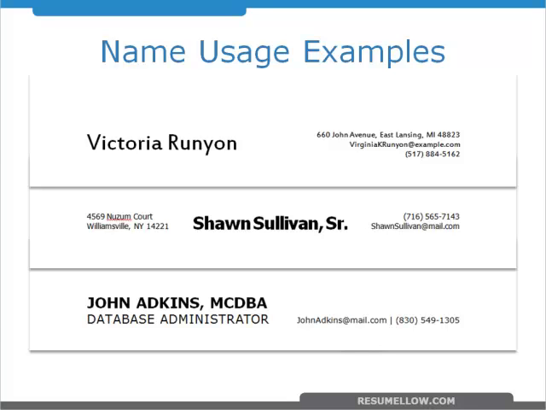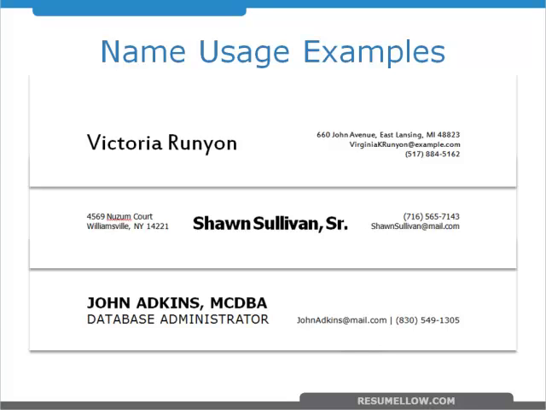So, just to summarize, again, make sure to put both your first and your last name on resumes. Leave off your middle initials and middle names unless they're what people call you. If Victoria Runyon doesn't go by Victoria, she goes by her middle name, which is Marie, then let's put that there, and it can be appropriate.